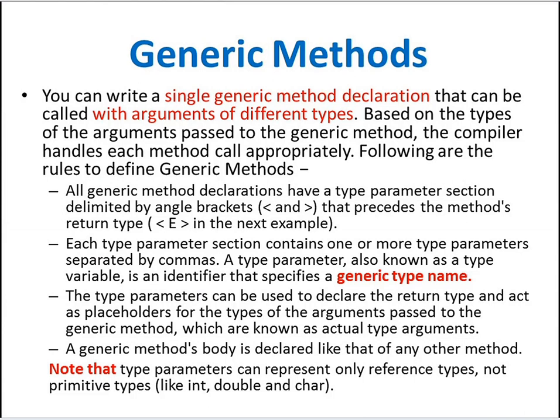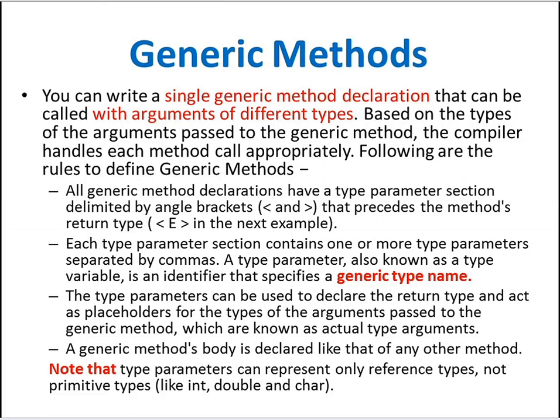Based on the type of argument passed to the generic method, the compiler handles each method call appropriately based upon its parameters. If you remember the generic function or template function, we are doing the same thing.